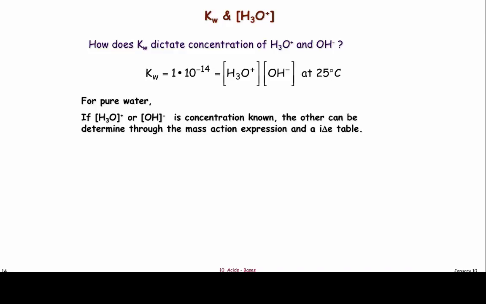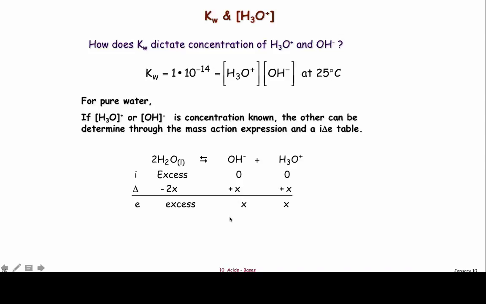And so if hydronium and hydroxide are equal, then you can set this up so that what we have is X times X, which we use to represent the hydronium and hydroxide concentration, is equal to 1 times 10 to the minus 14. And so if we solve this math right here, we see that the X value, which is hydronium and hydroxide, is 1 times 10 to the minus 7 molar.